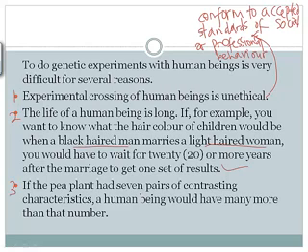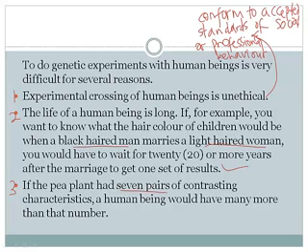Thirdly, if the pea plant has 7 pairs of contrasting characteristics, a human being will have more than that number. Remember, for the characteristics that we talked about earlier concerning the garden pea plant, there were 7 contrasting pairs that we were able to find.